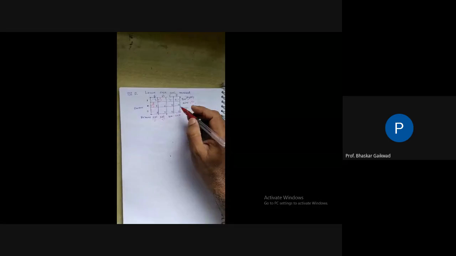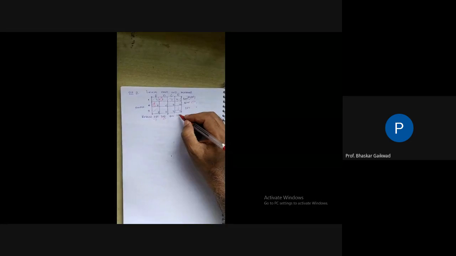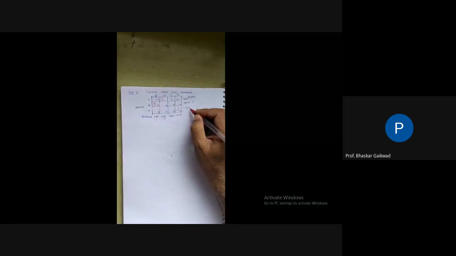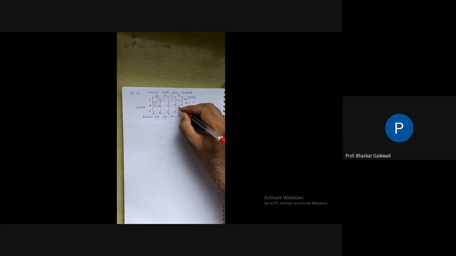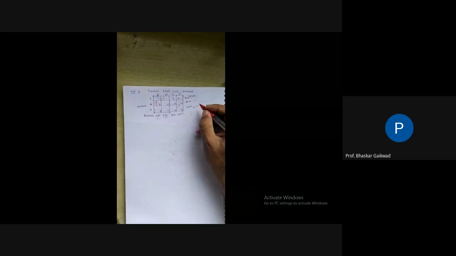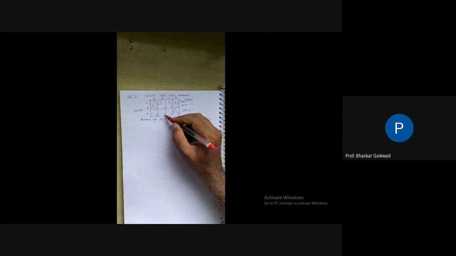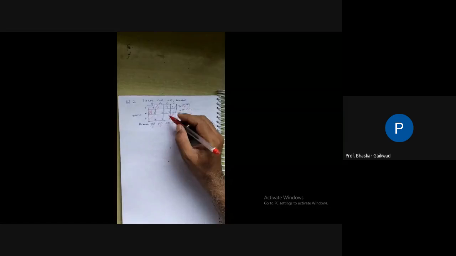Now out of this, the minimum is 2. So you can make a square here for 2. After this, what is demand? 200. Supply is 500. The minimum is 200. You can write here 200. This is 0. You cancel this column and here it is 300. Now out of the remaining 6, 5, 3, 3, the minimum is 3, you can take this or this.